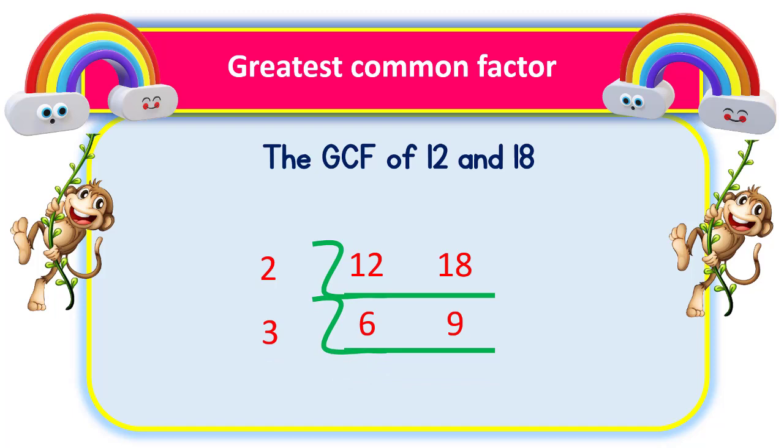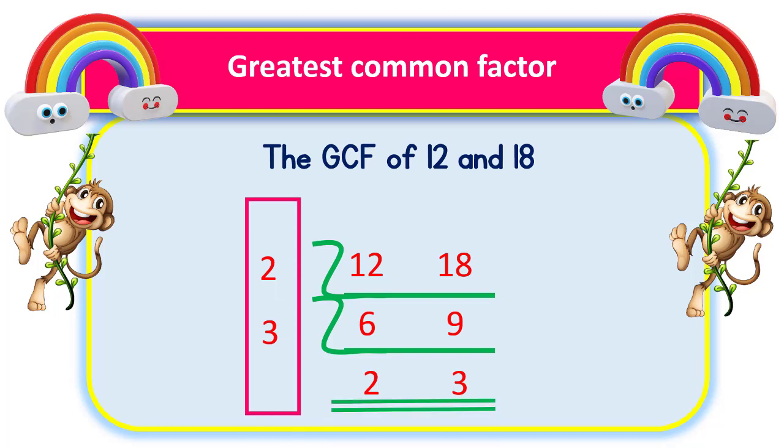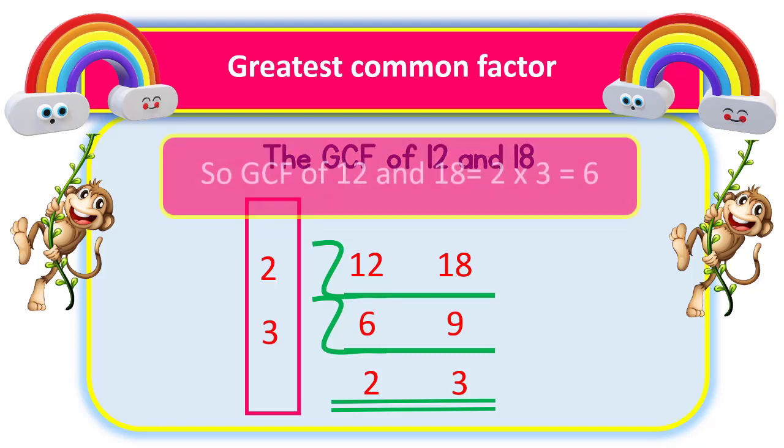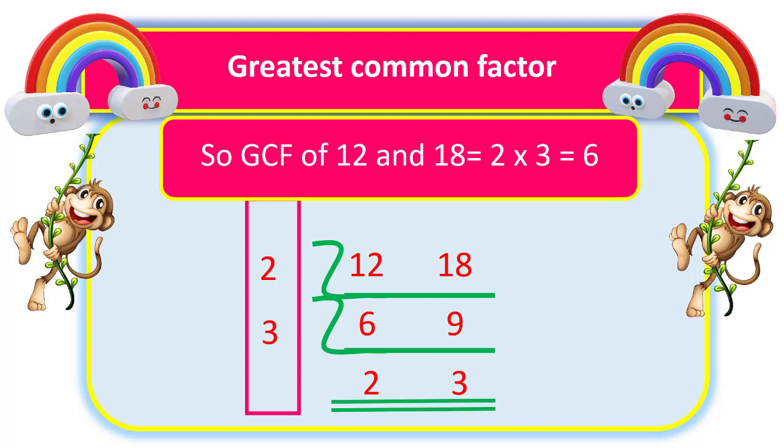And then 6 divided by 3 is 2 and 9 divided by 3 is 3. The greatest common factor of 12 and 18 is 2 times 3. It is equal to 6. Very good, students.